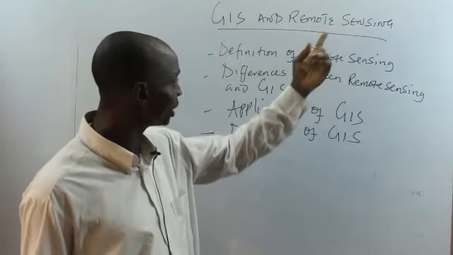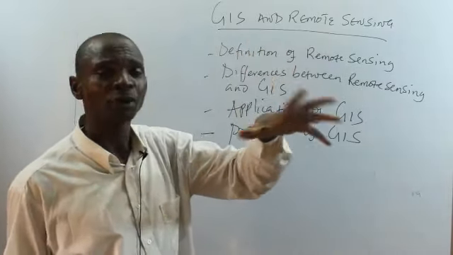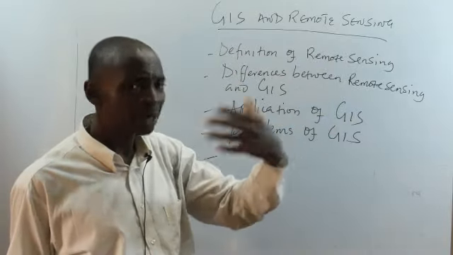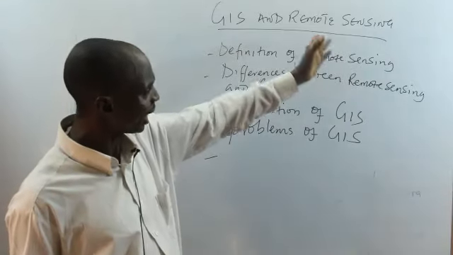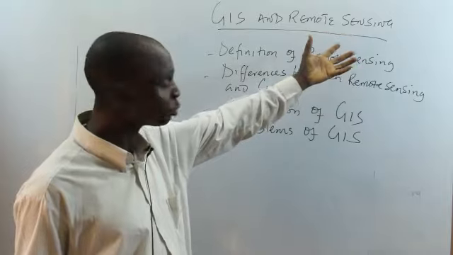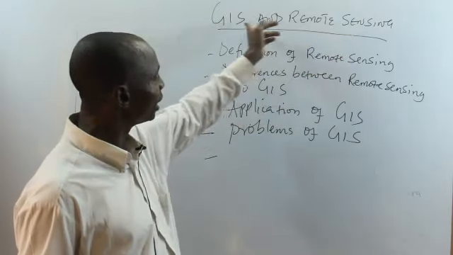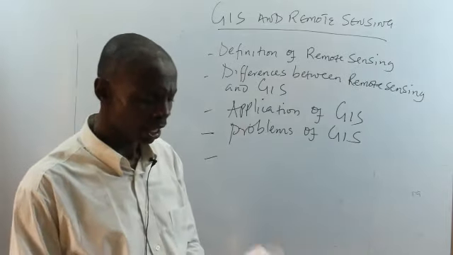What are they doing? Remote sensing. And once they capture the aerial view of that environment, they bring that picture into the lab to analyze. Analysis of that picture or the features they capture through the camera, that is remote sensing, is also known as GIS, and so on and so forth.